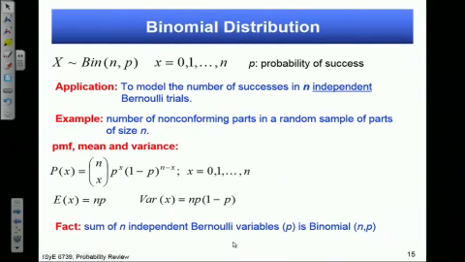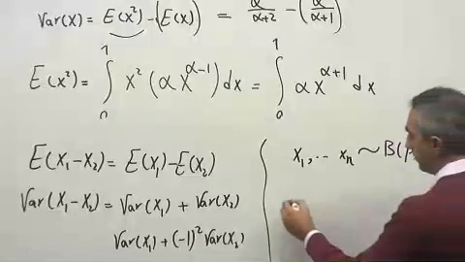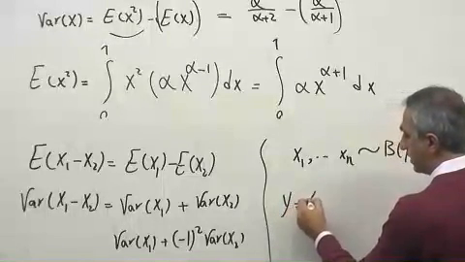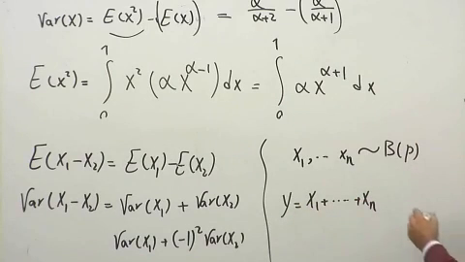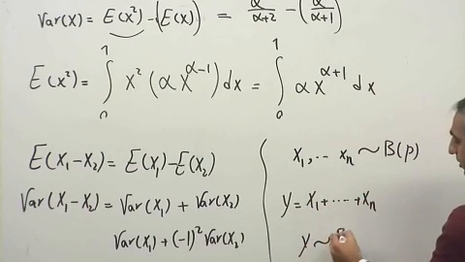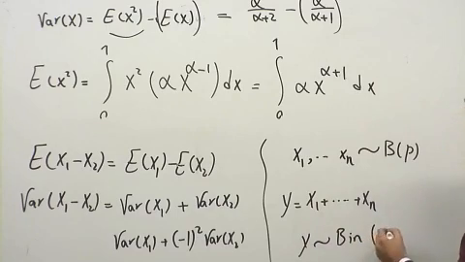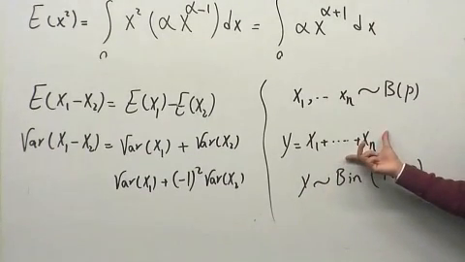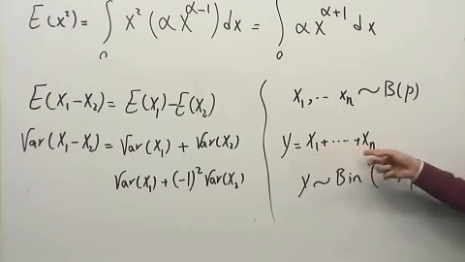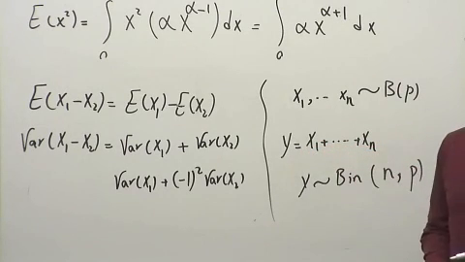Let's say x1 up to xn are all Bernoulli with parameter p. You define y as x1 plus x2 up to xn. Then y follows a binomial distribution with n and p. The most important assumption here is independence, so those Bernoulli trials should be independent.